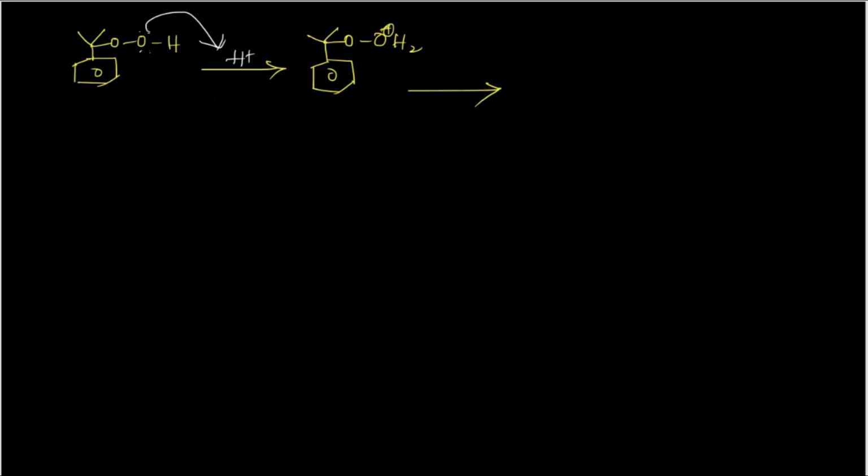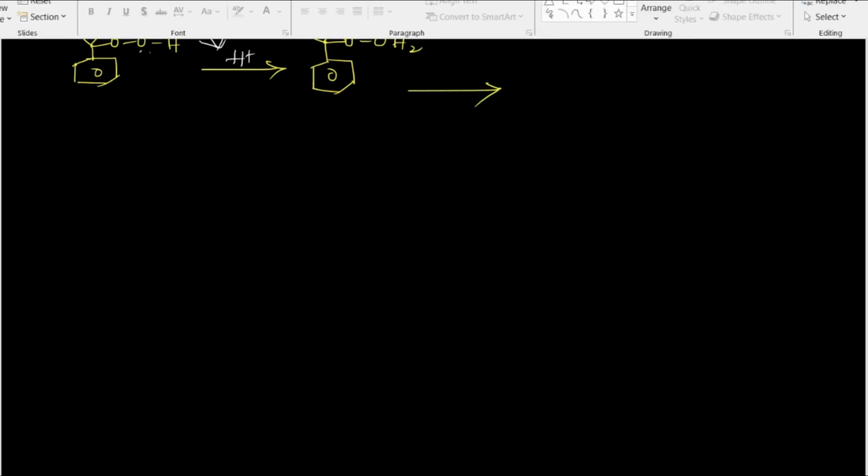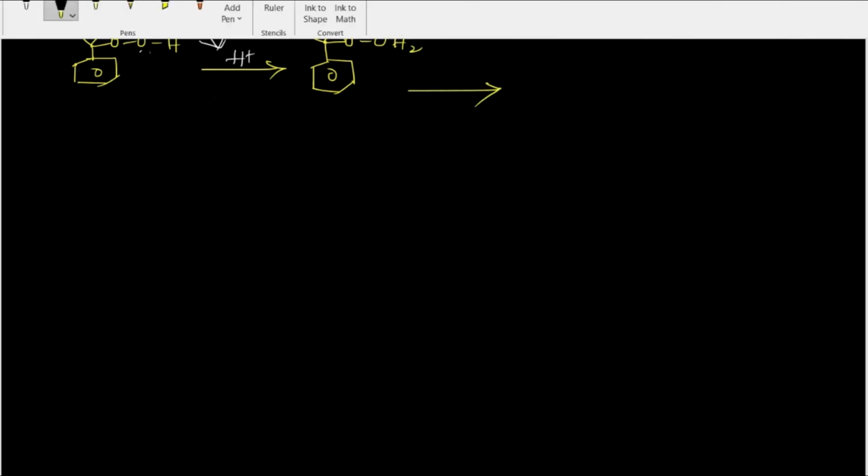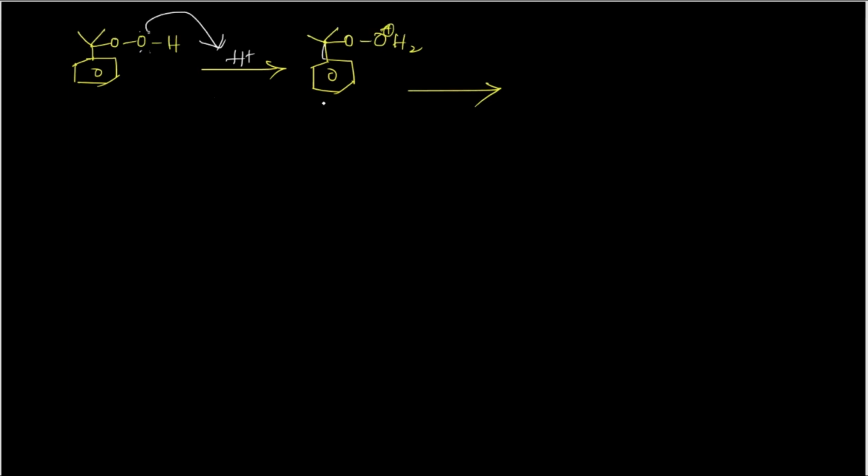Now rearrangement takes place over here. This phenyl group will shift, like we have two methyl groups and a phenyl. Here a phenyl shift takes place. Phenyl shift, like we have discussed the hydride shift, right? So it will come here and this water will be removed.